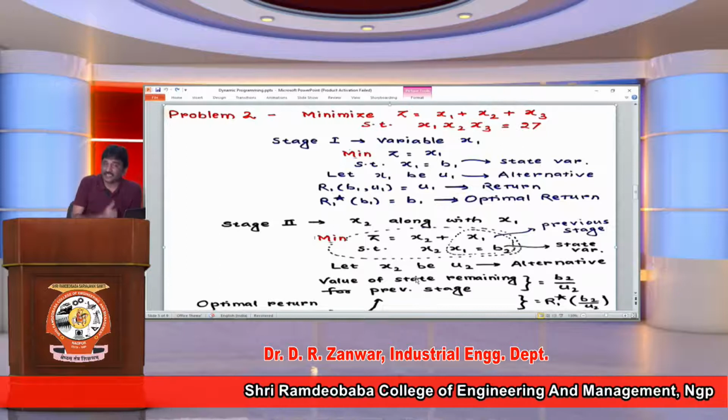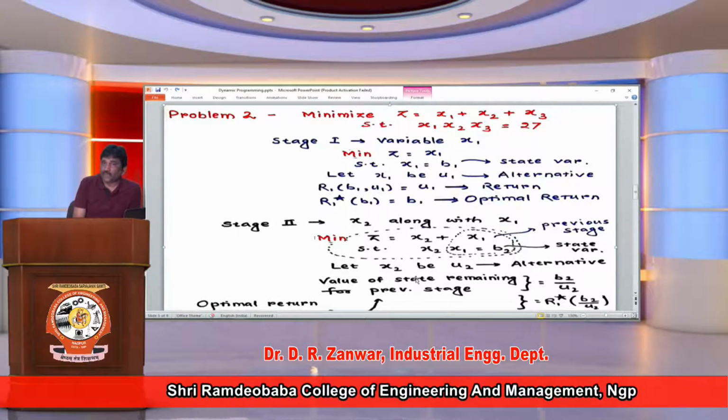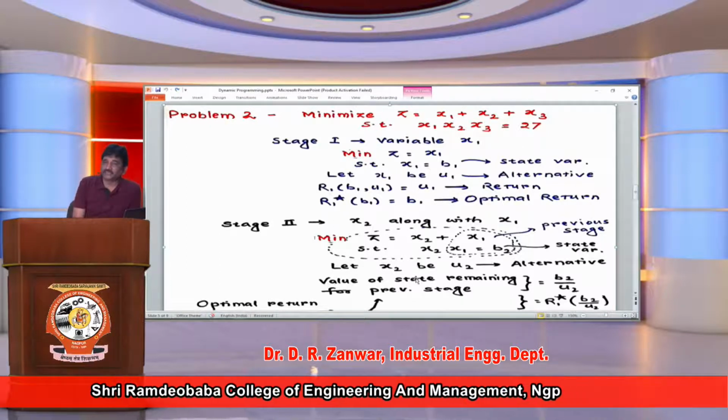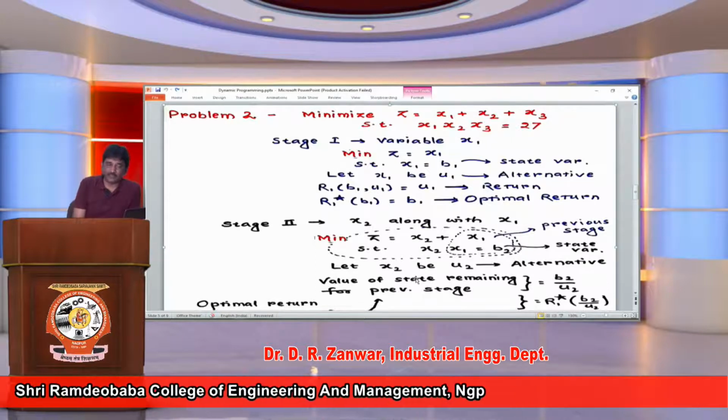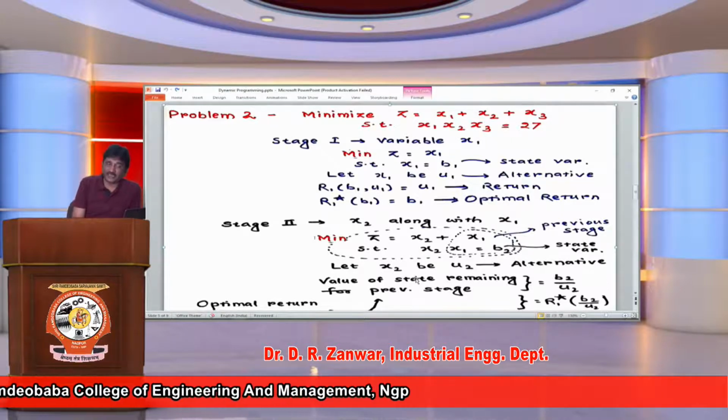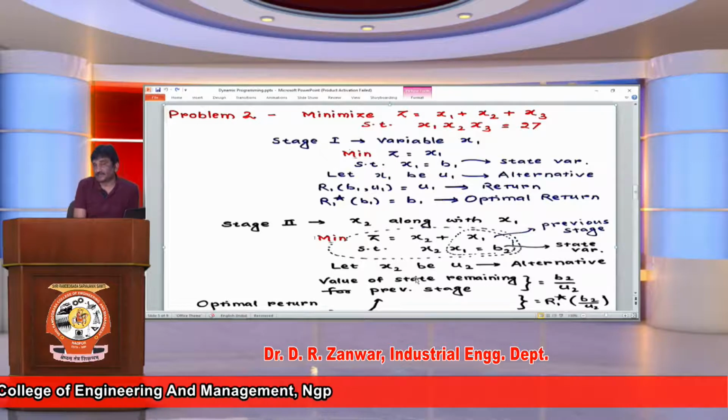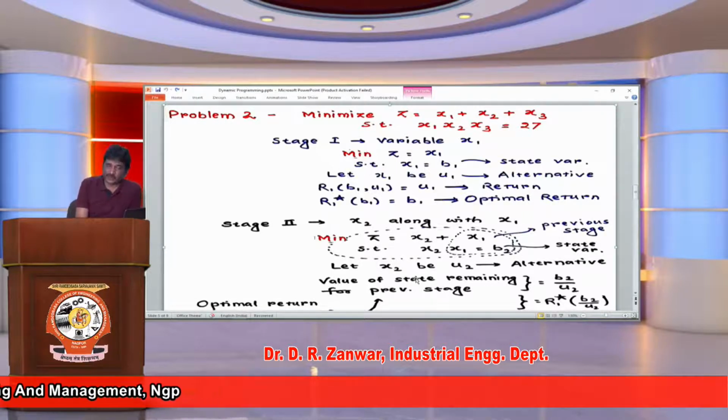In the second stage, now we have to find out the value of state remaining for the previous stage, after having consumed u2 for x2 and knowing that b2 is the state variable.